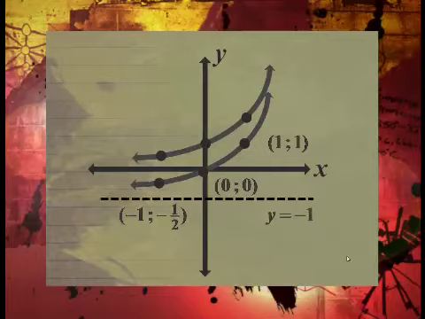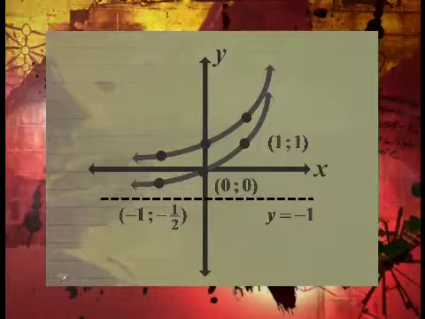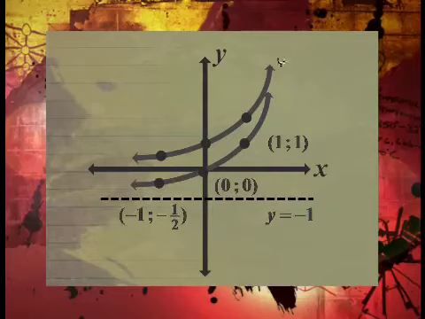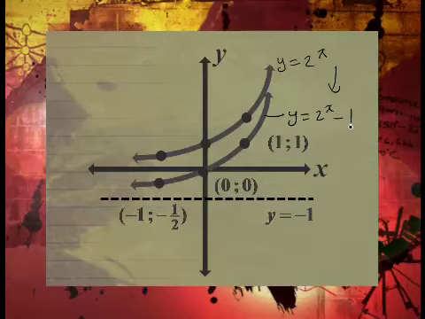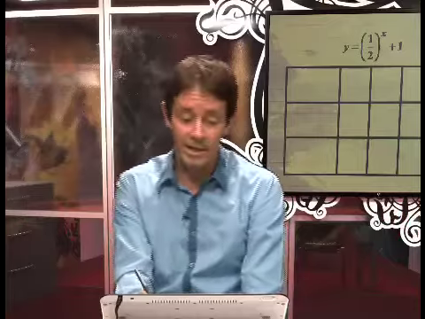So the graph of y equals 2^x drops down. That's important to note because this is the original graph, and you dropped it down by 1 to give you 2^x minus 1. You've got your points, and you must show the asymptote as well. This is very important. Good revision for you, grade 11s and 12s.